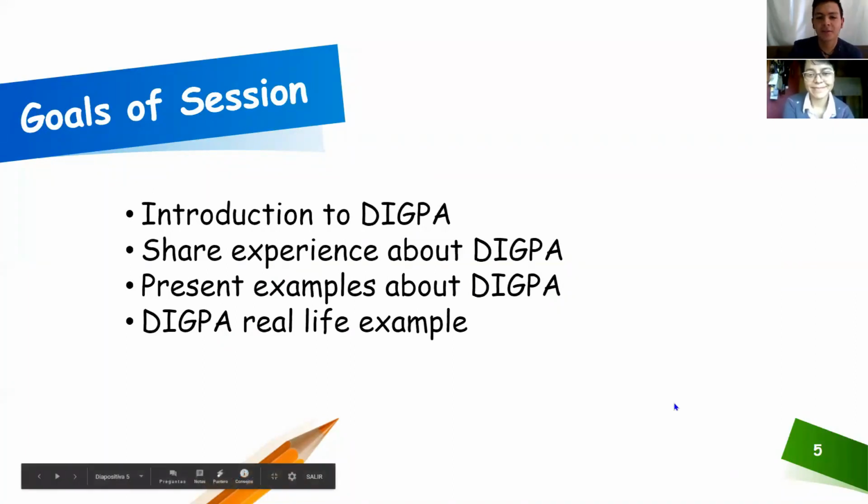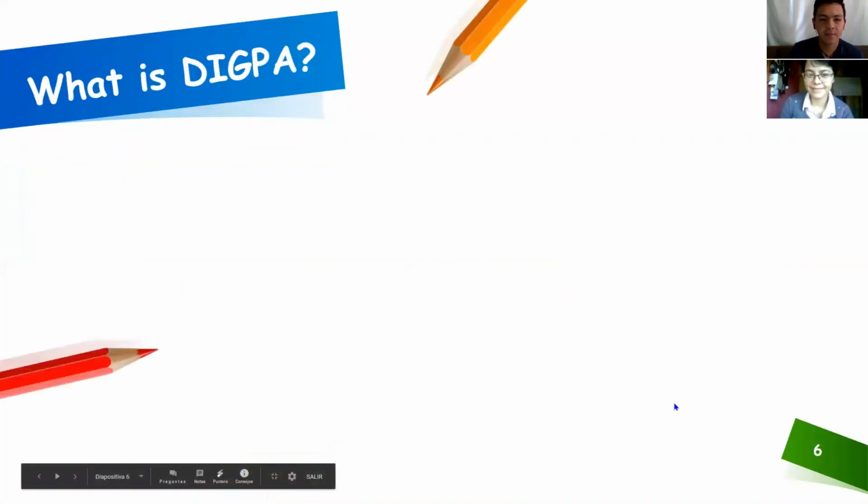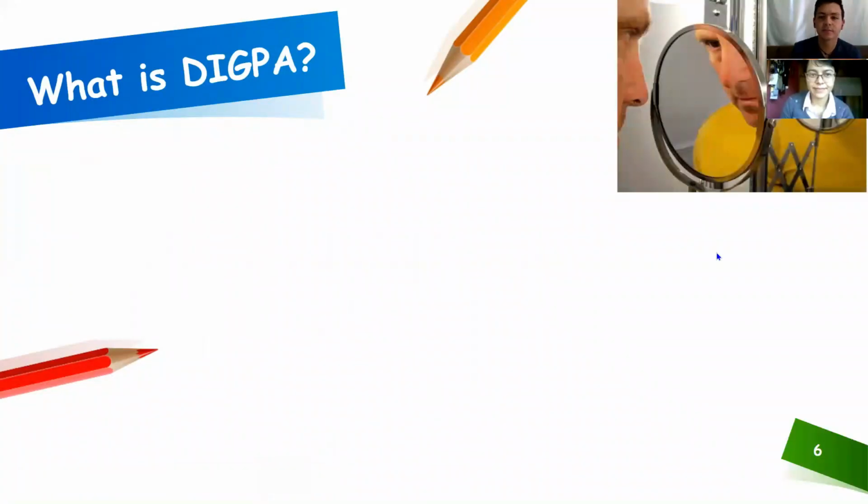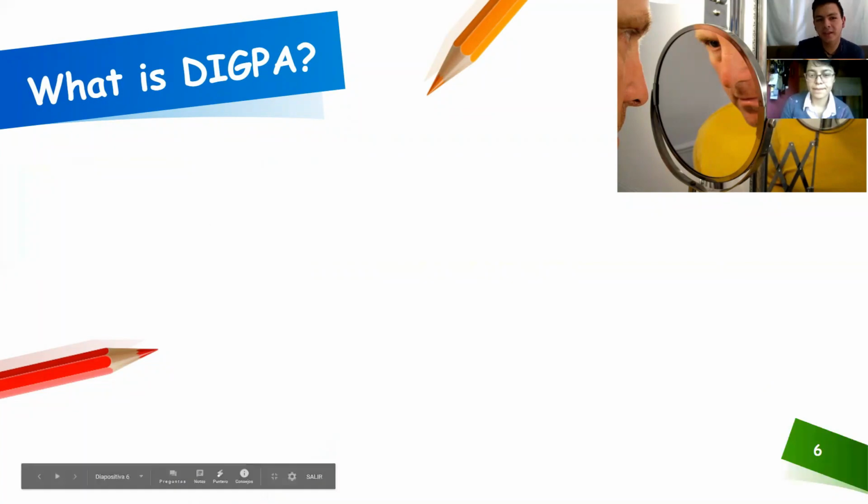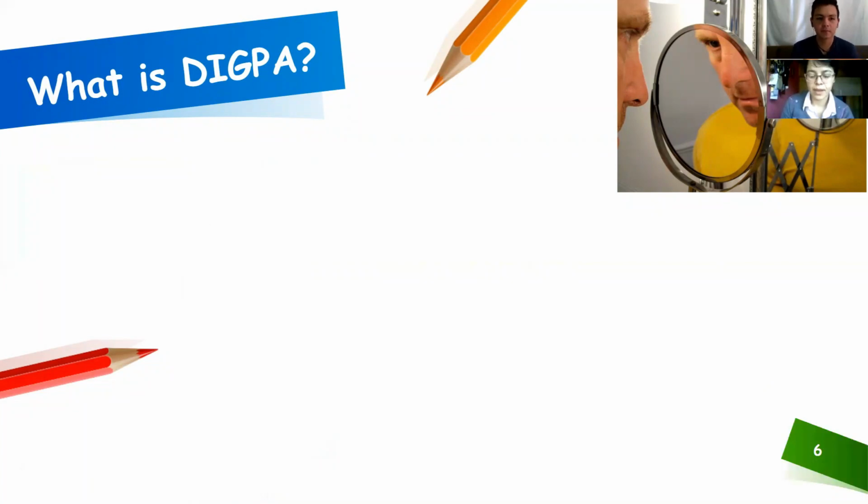All right. So might we start by this question. What is DIGPA? In your words, Karina, what is DIGPA? DIGPA is, for me, a tool to use to reflect about something in specific. There is a picture of a man looking at himself through a mirror.